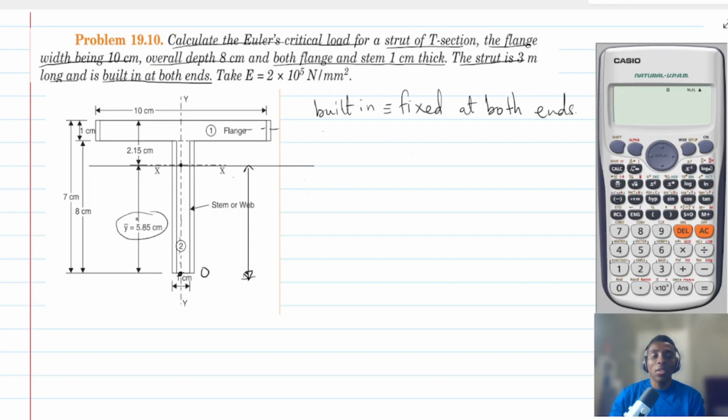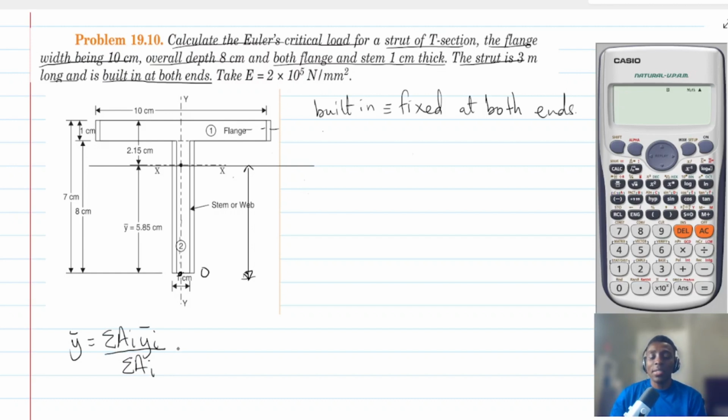They have done it and they got 5.85, but I want to do it with you. So let's do it together. Y bar is going to be the summation of A_i y bar_i divided by the summation of A_i.